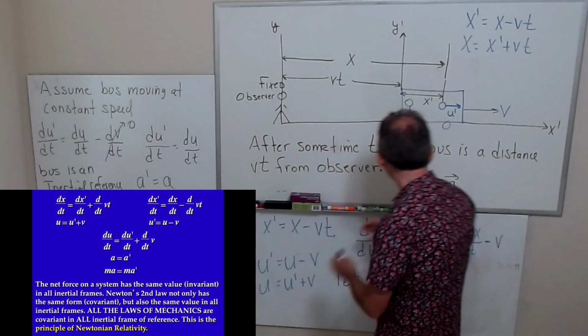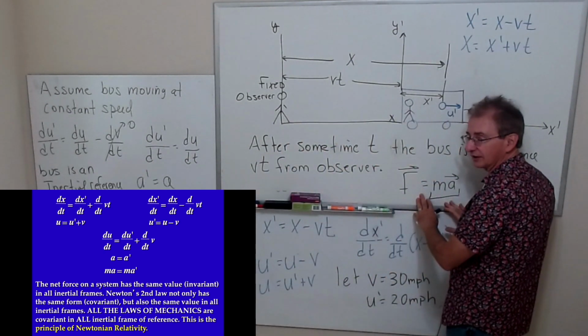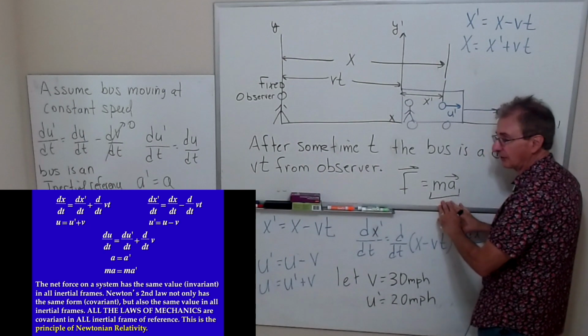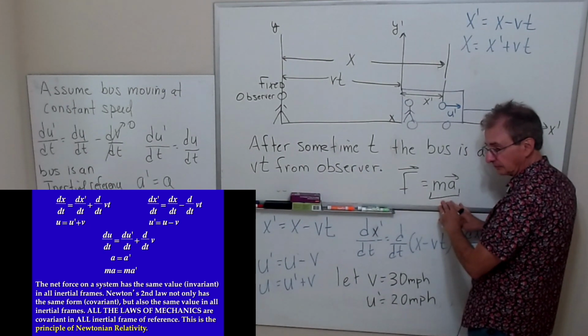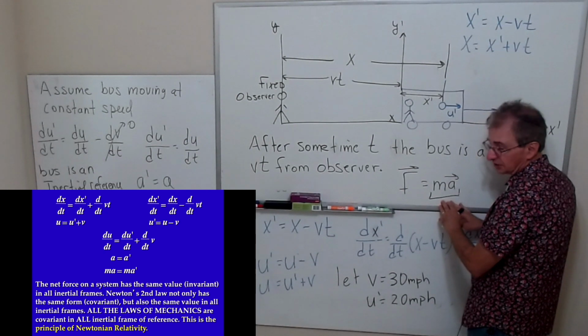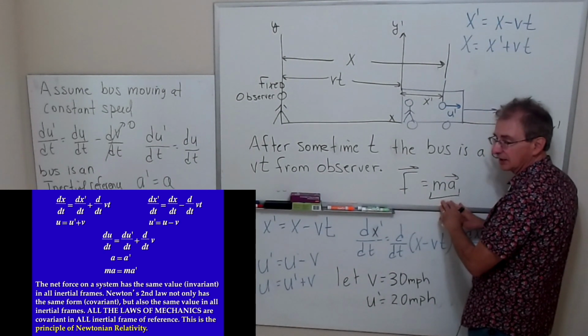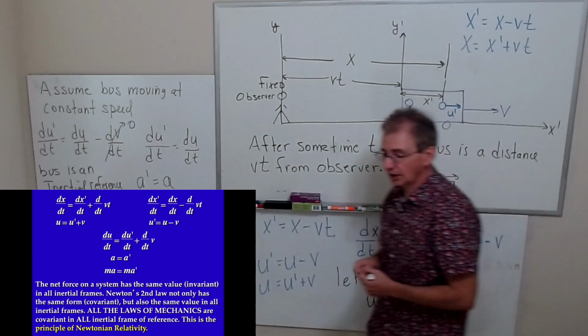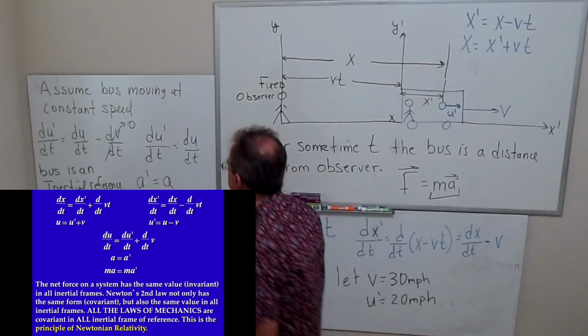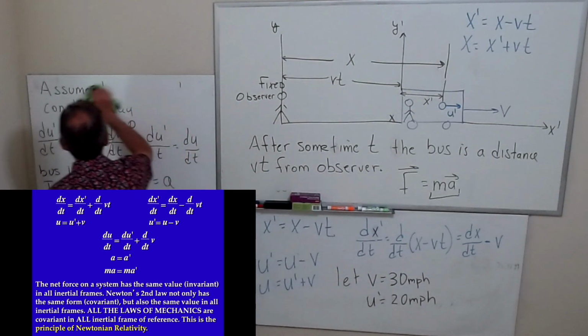Right? Newton's second law is not only covariant, it has the same form in all reference frames, but it's also invariant. It turns out all the laws of physics and mechanics are covariant. They have the same form. Let's consider conservation of momentum. What is conservation of momentum?